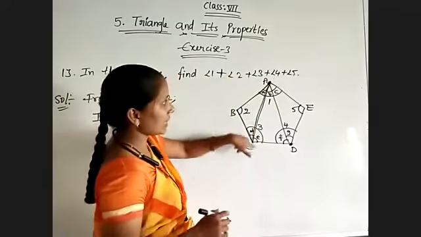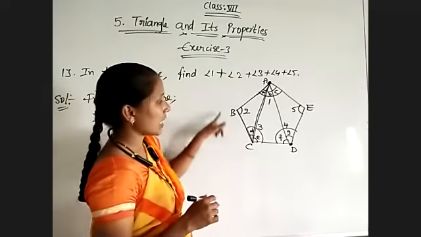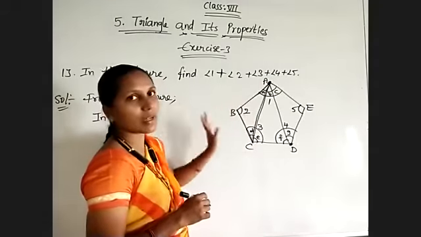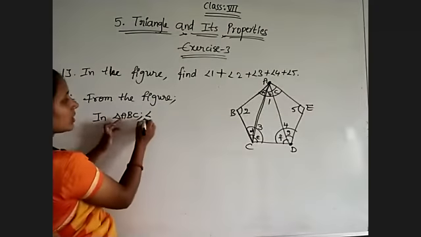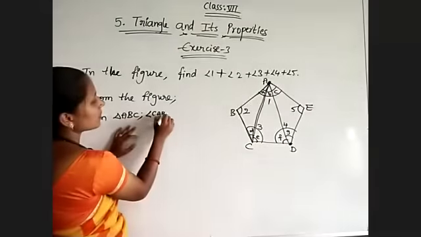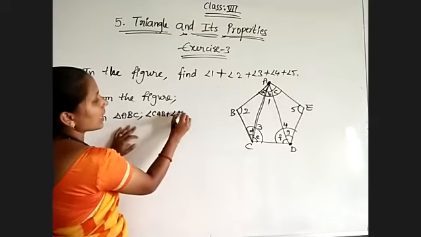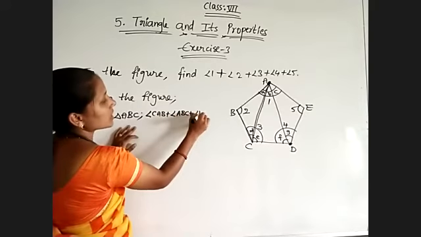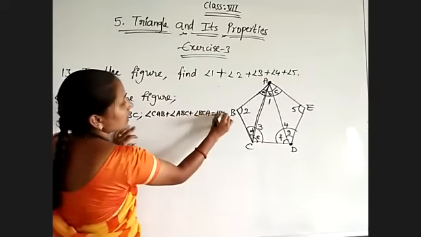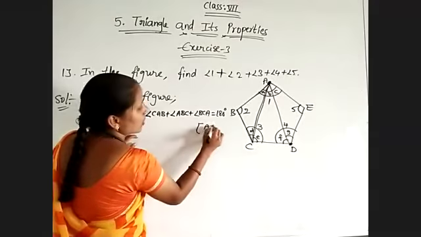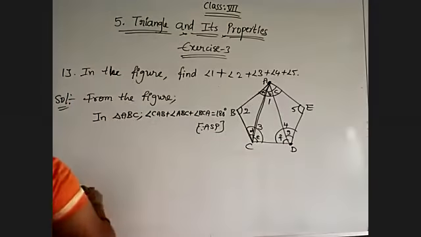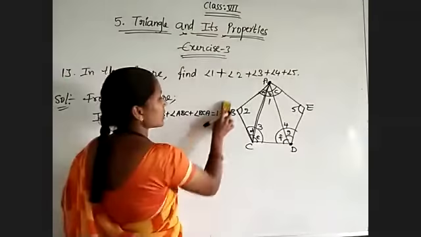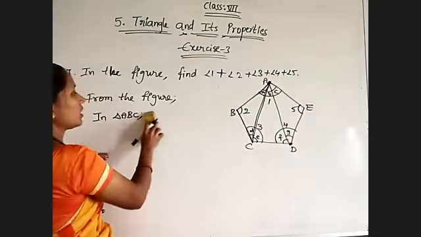So angle CAB plus angle ABC plus angle BCA will be equal to 180 degrees by the angle sum property of a triangle. So this one we know, that's why I'm not writing it. If we write all those things, it will take very long.